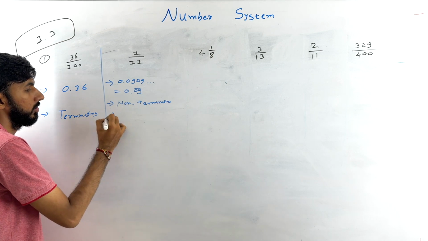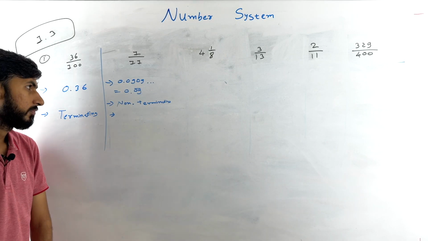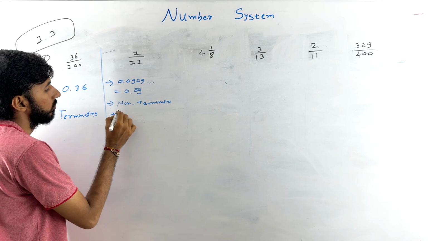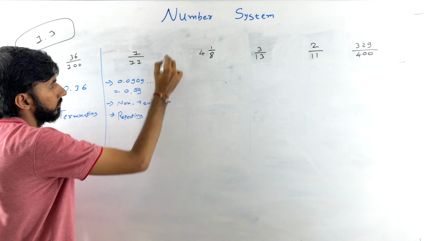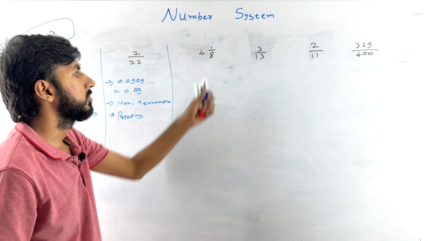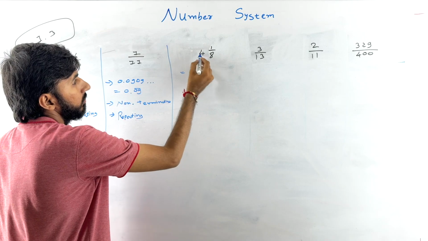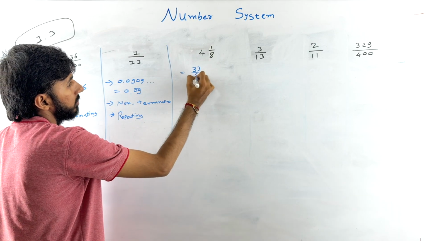Now when the answer is non-terminating, you have to mention whether it is repeating or not. So here we have a bar, that means these two digits will repeat itself, so it is obviously repeating. Now for this one, first you simplify this: 4 multiply 8 is 32, plus 1 is 33 by 8.